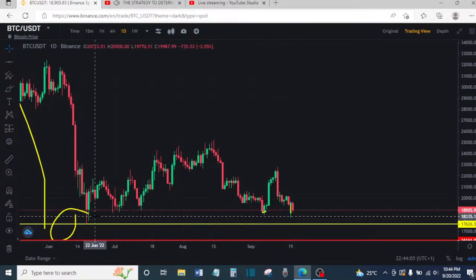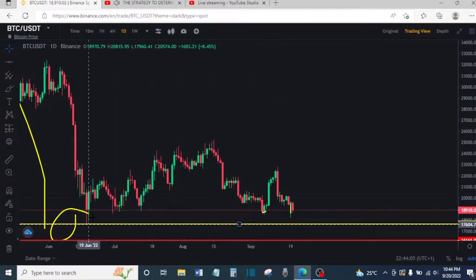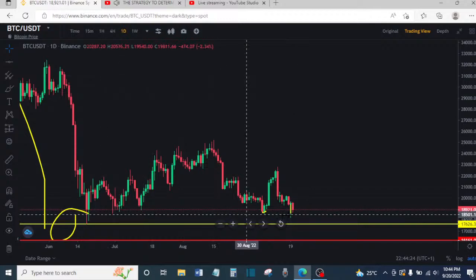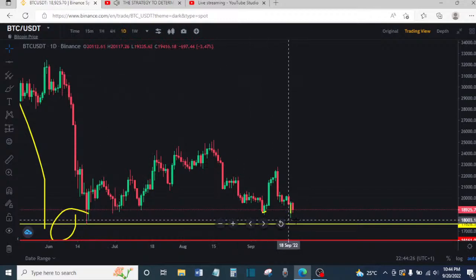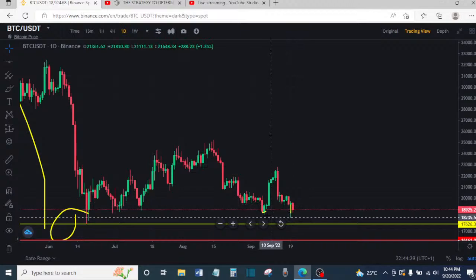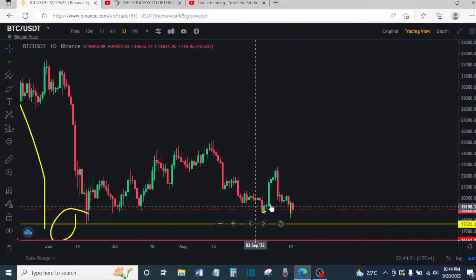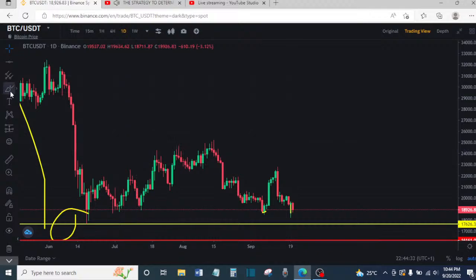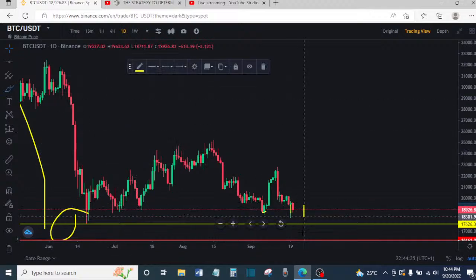Just this one remaining. The stops here were the ones that created this whole miss, and after the miss, they have to take out the miss and the stops that created the miss. So price is likely to fall down to this $16,000 mark.